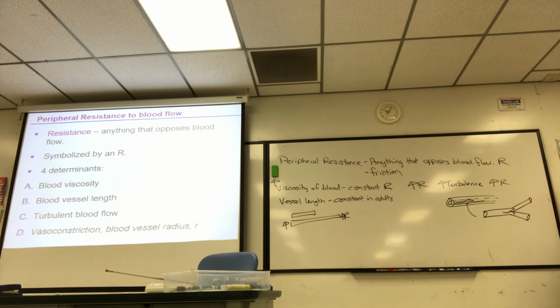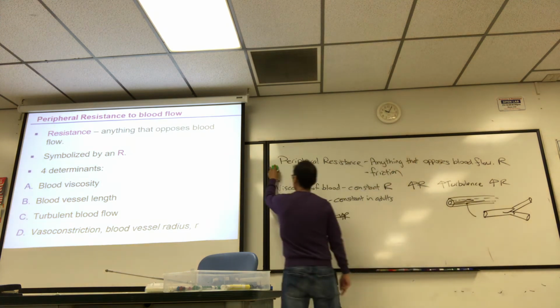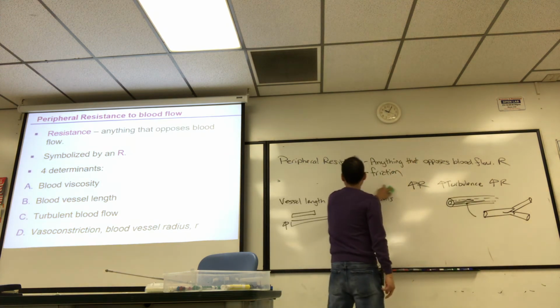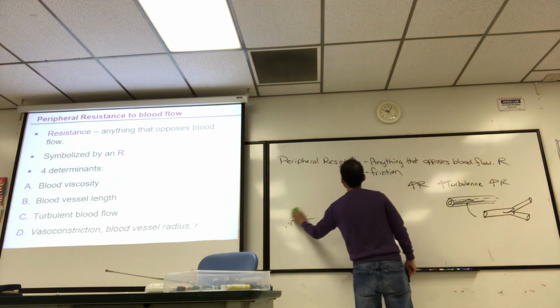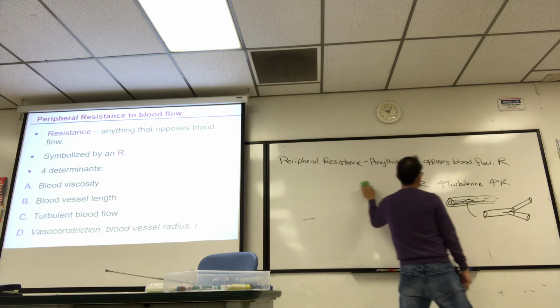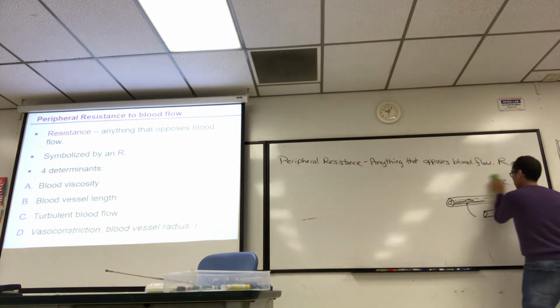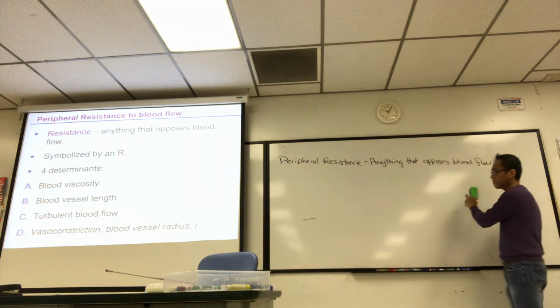The one we talk about most in physiology is the constriction of the blood vessel. So the thing that affects capital R the most is vasoconstriction of the arterioles, the vessel radius.